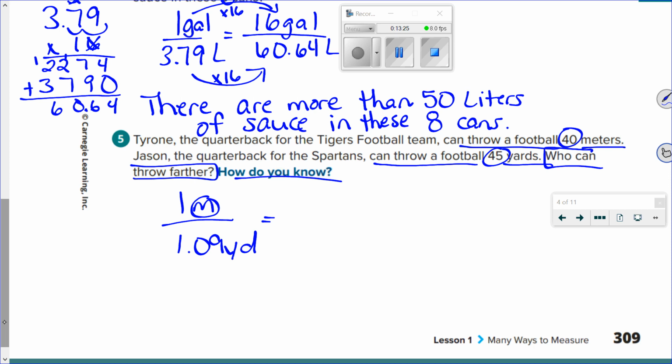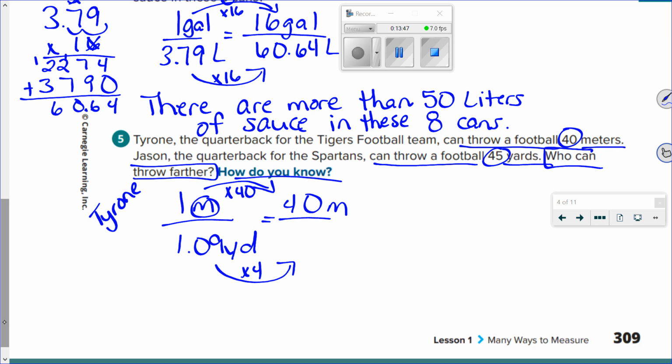Whose distance is in meters? So this is Tyrone. And we're going to change Tyrone's to yards. How many meters can he throw? 40. So what do I do to 1 to get to 40 meters? Times 40.